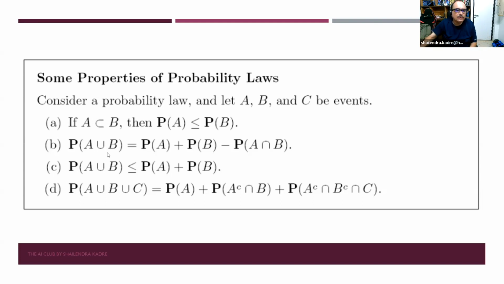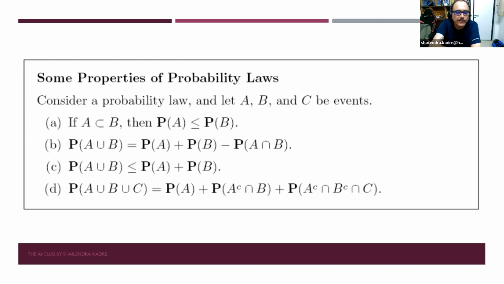Consider A and B events. For A union B union C, the formula is this. They are non-mutually exclusive, they are overlapping events.